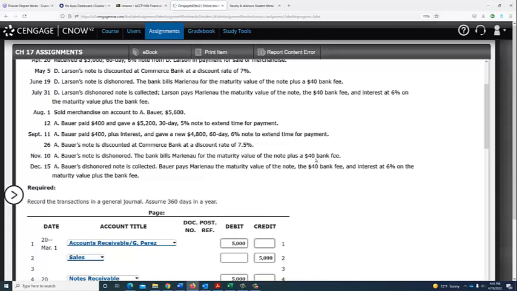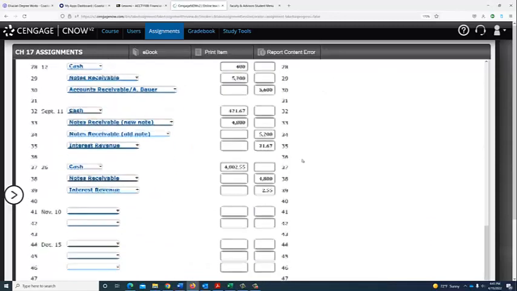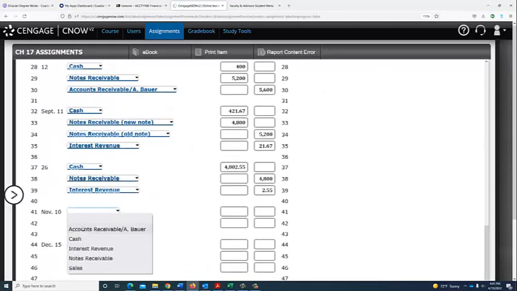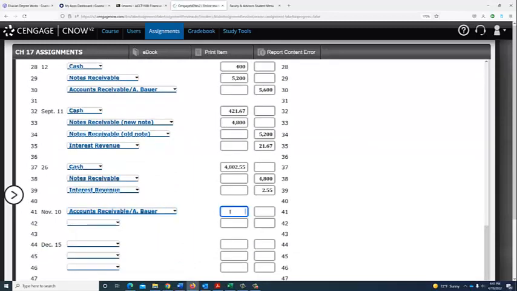So the maturity value was $48.48. We have to add the $40 fee. So we are going to now enter an accounts receivable for Bauer at $48.88. And then we have to write the bank a check for $48.88.